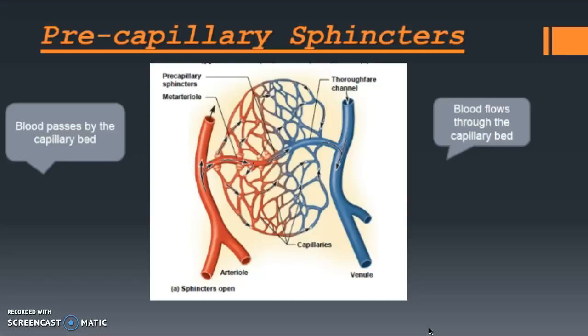So the precapillary sphincters reduce the blood flow to the inactive tissues and allow free flow to the active tissues. This mechanism allows the blood flow to increase to the digestive system after a meal, which also helps with the digestion and the nutrient absorption. So basically, as the blood passes by the capillary bed, the blood will flow through the capillary bed.